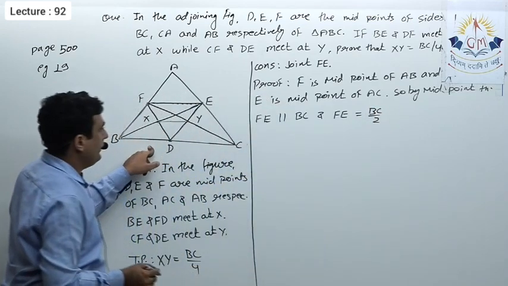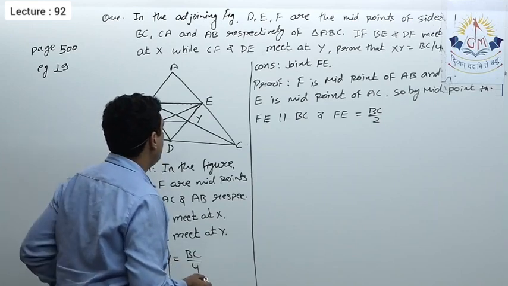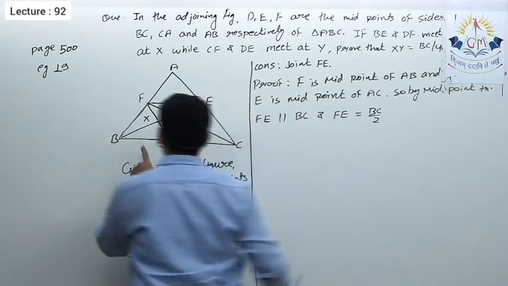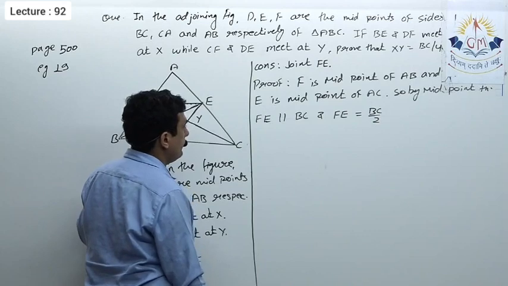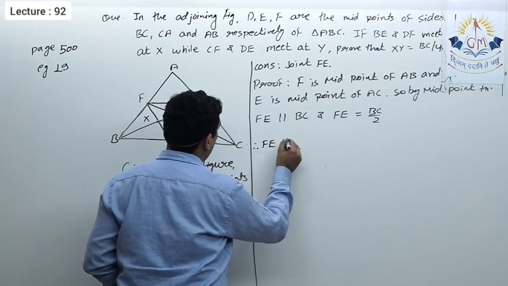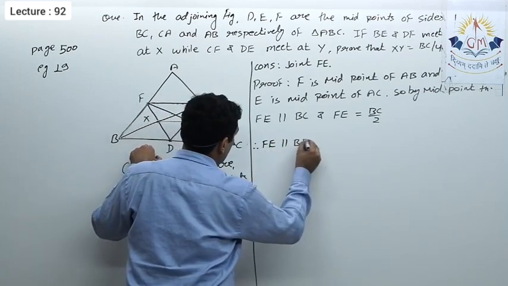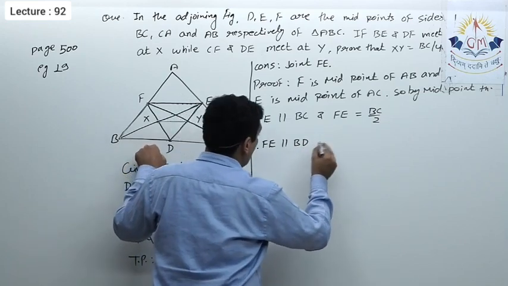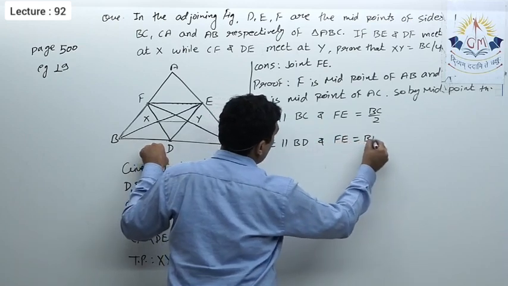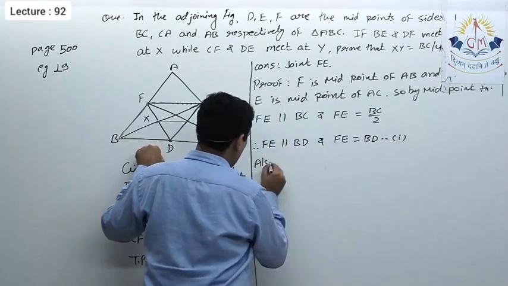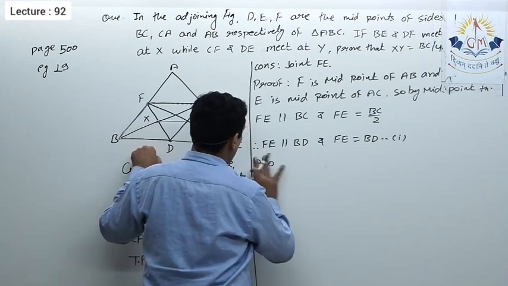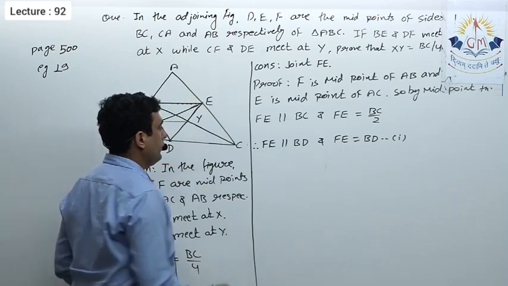FE parallel BC, FE equal to BC by 2. Therefore, I can write FE parallel to BD and FE is equal to BD.